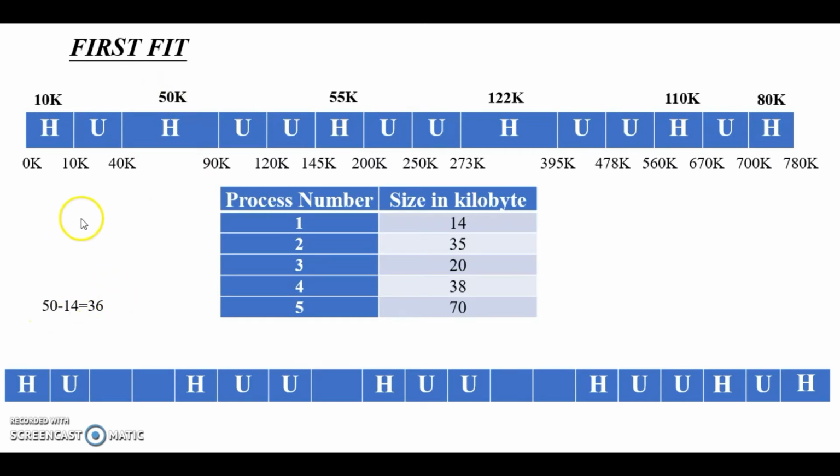Next, we'll do process 2. And then we check again from front to back. If the first is not enough, then we will check the next hash. The next hash is 36. It is enough for process 2. So we'll use 36 minus 35 equals 1.